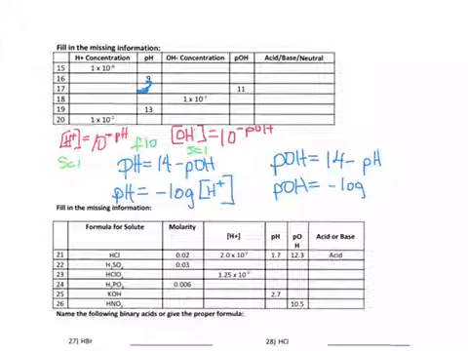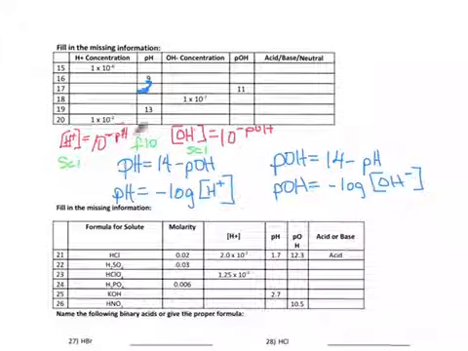Negative log times the concentration of hydroxide ions. The only way I would be able to use this formula is if I know the hydroxide ion concentration. If I only know the concentration of hydrogen ions, the only thing I can calculate for is pH.